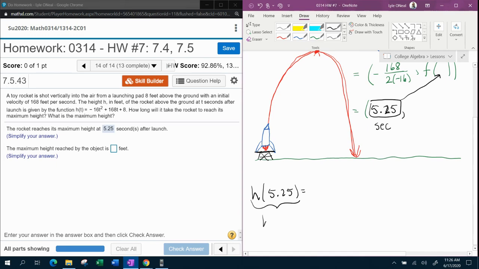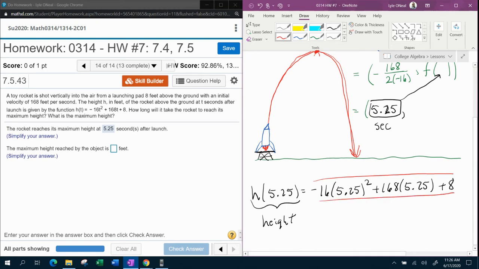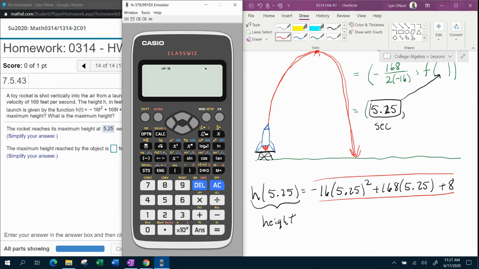h of t is the height. All right, so that's going to be negative 16 times 5.25 squared plus 168 times 5.25 plus 8. And all of that right there in the red bars can be put into the calculator all at one time.